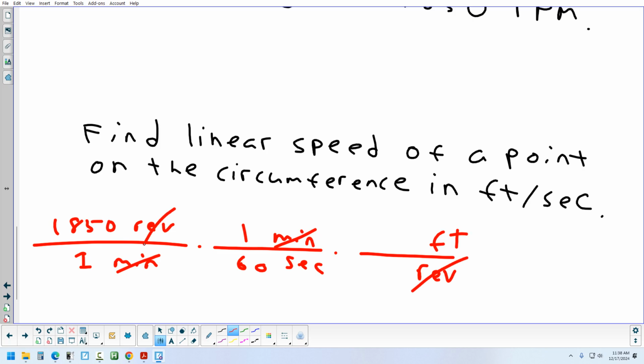So now we have to figure out this fact. How many feet in a revolution?